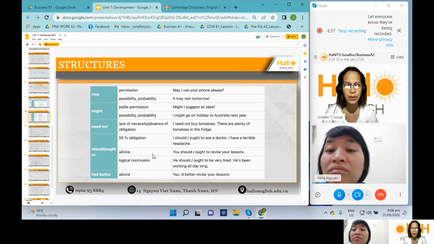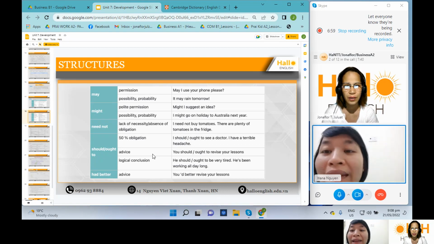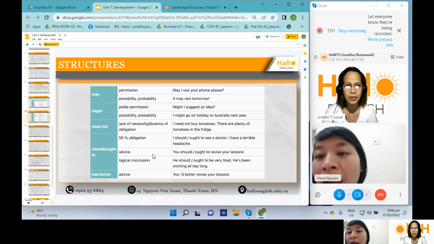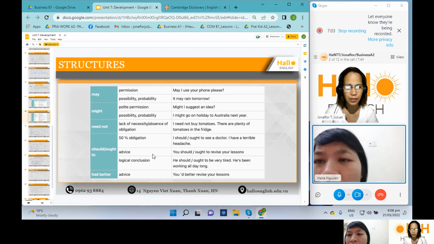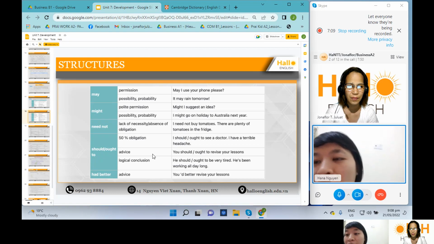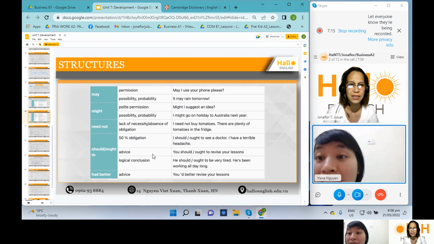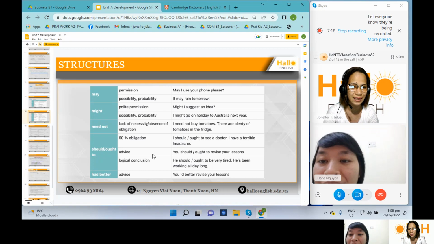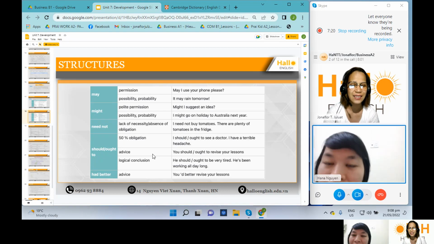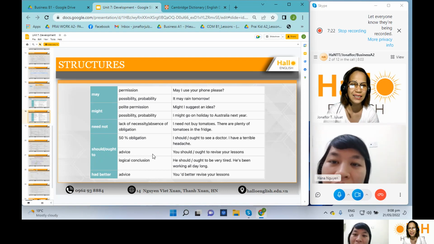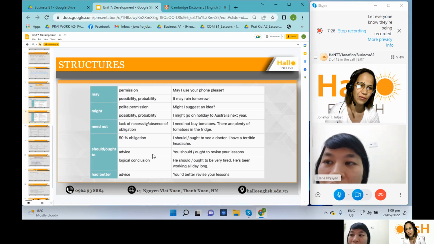For example, I need not buy tomatoes. There are plenty of tomatoes in the fridge. So lack of necessity, meaning it is not important, so you will use need not. I need not buy tomatoes because there are plenty of tomatoes in the fridge.